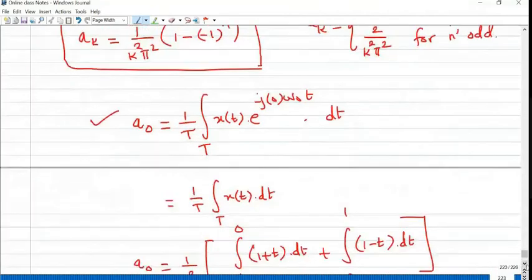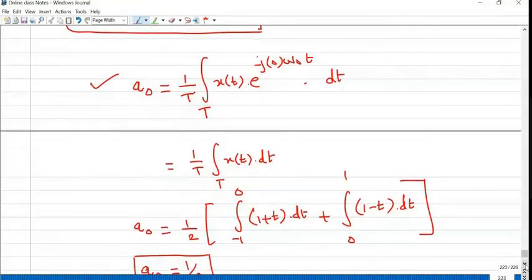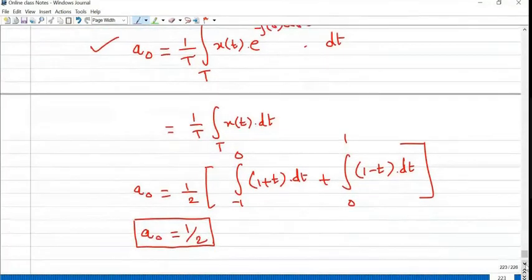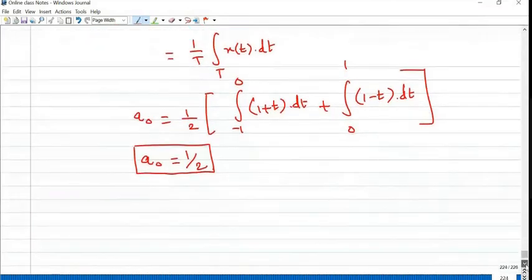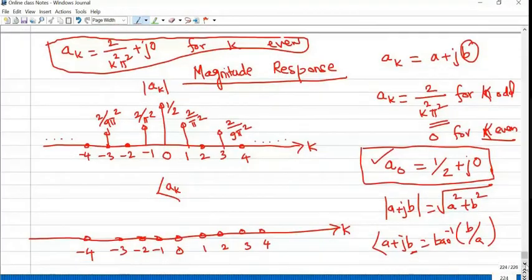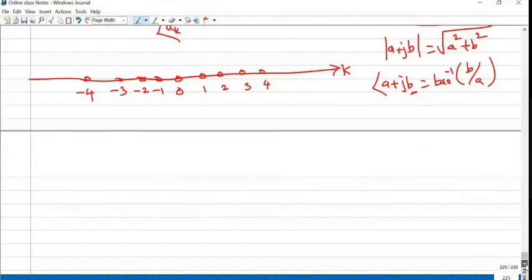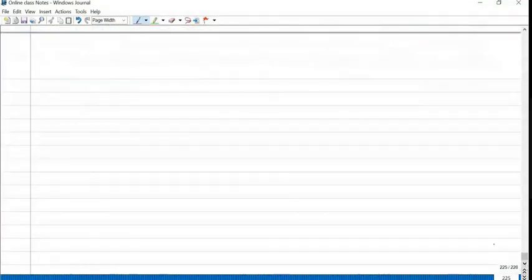It's always advisable to calculate A naught separately by substituting k equal to 0 in the exponential Fourier series, so that we can draw the spectrum clearly. Right. So one more problem, I'll just start today. In the next class, we'll try to complete that.